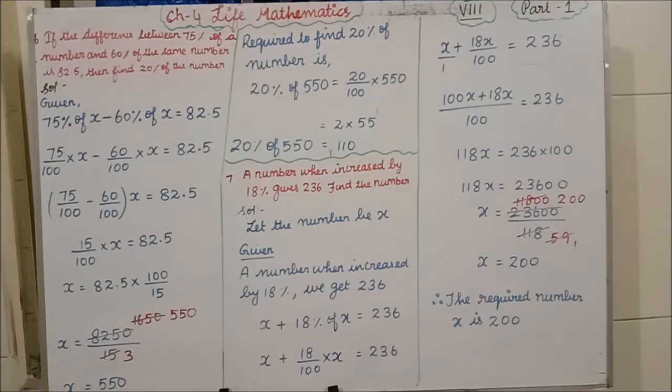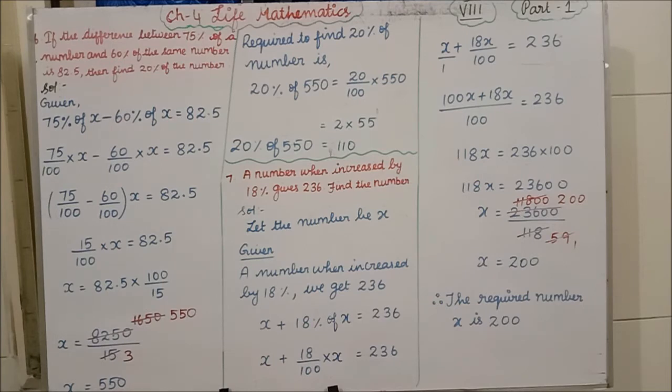Students, see the sixth question. If the difference between 75% of a number and 60% of the same number is 82.5, then find 20% of the number.